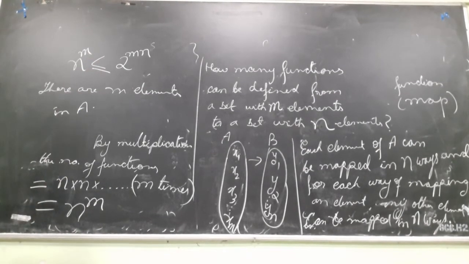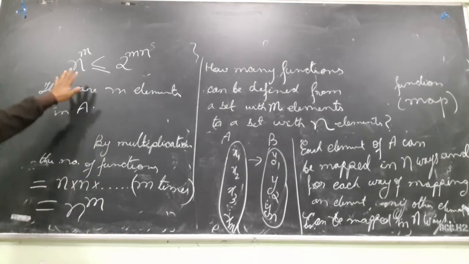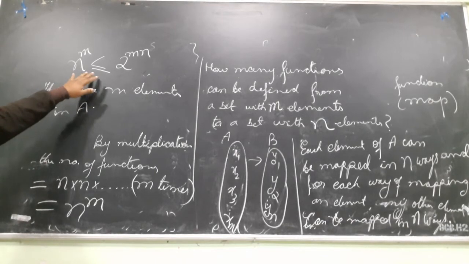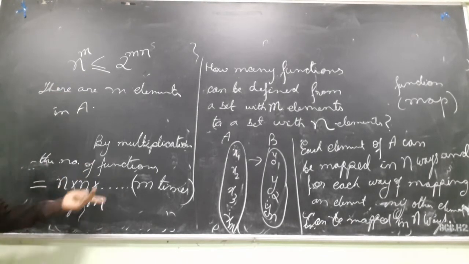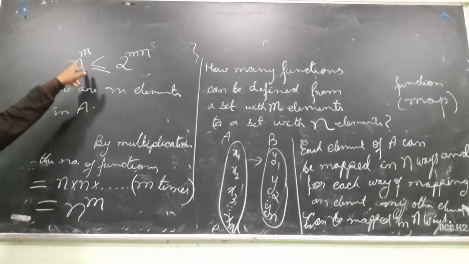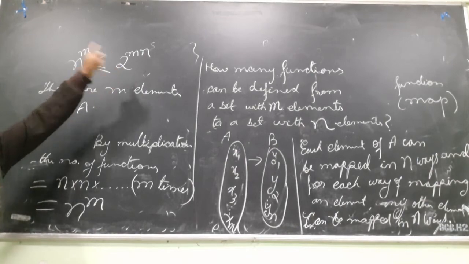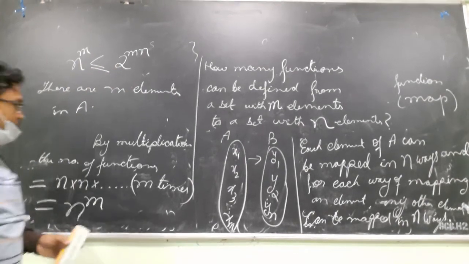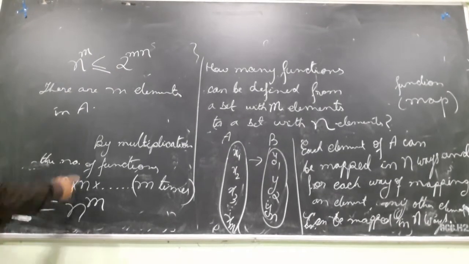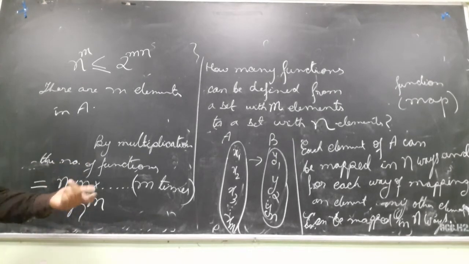See, using set theory, we have proved a problem of inequality. We have used the concept of set theory and combinatorics. So given any positive integers m and n, n to the power m is always less than or equal to 2 to the power mn. Each function is a relation, but a relation may not be a function.